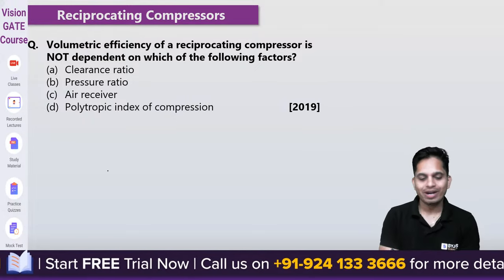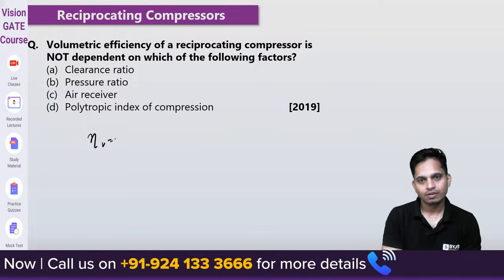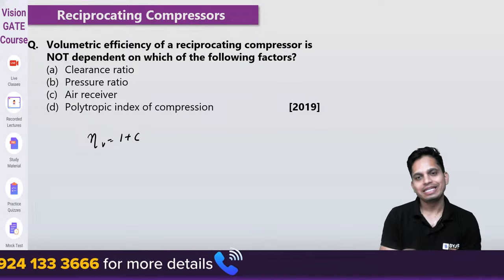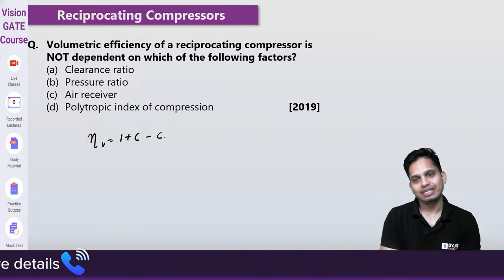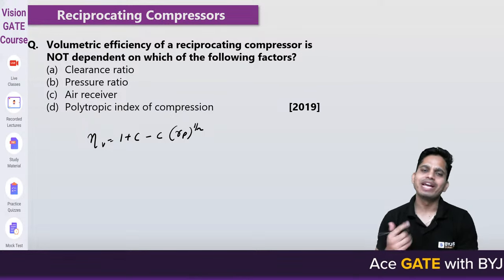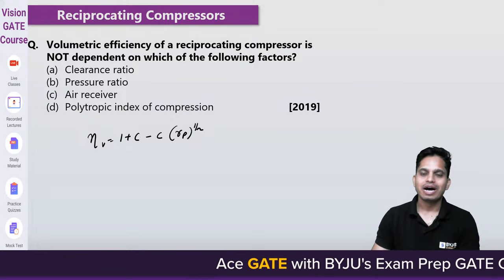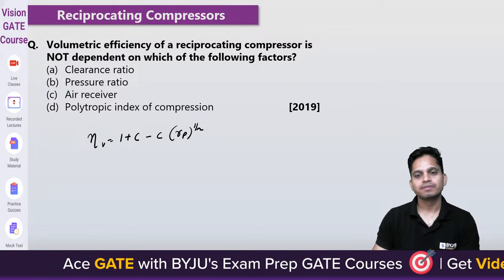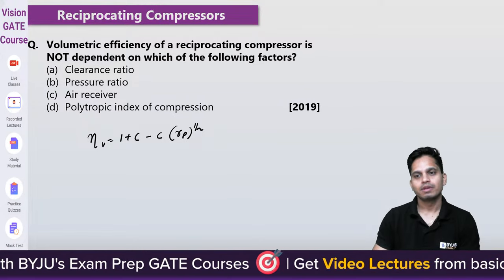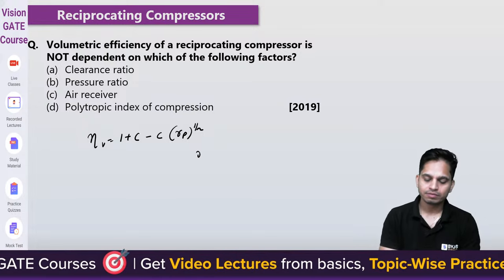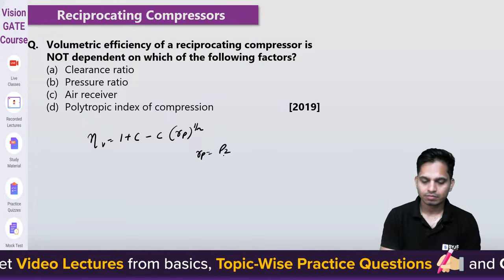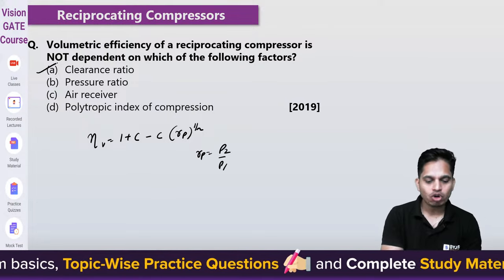So what is your volumetric efficiency? 1 plus C minus C Rp^(1/n), or 1/gamma, whatever you want to call it. Rp is the pressure ratio, P2 by P1. Yes or no? Yes, so it is based on clearance ratio.